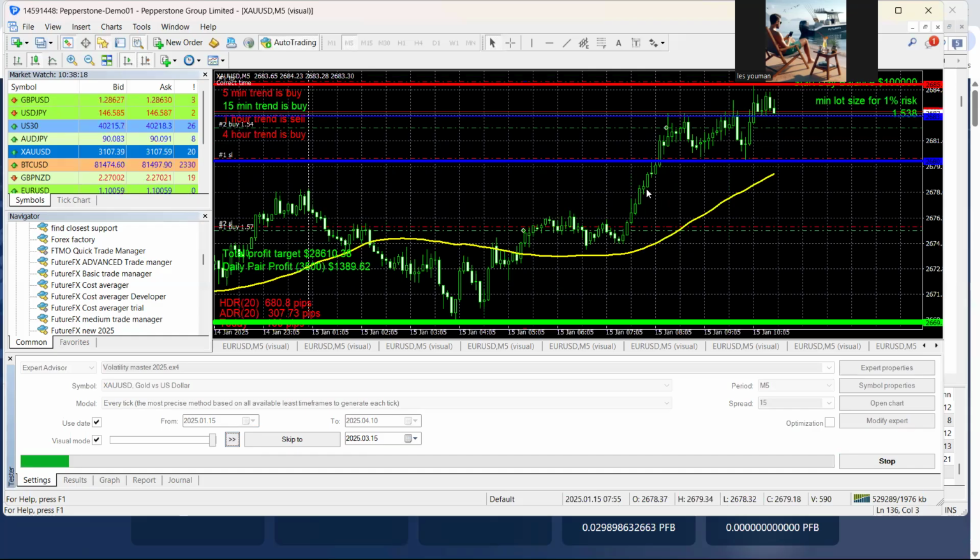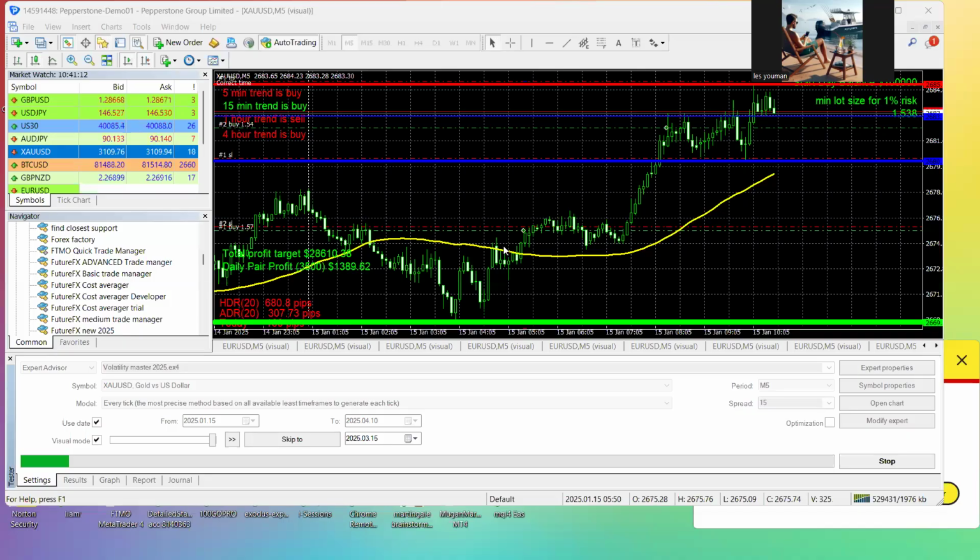I'm just going to leave it there and explain. What we're looking at here is it took out one trade. Once that trade had the profit lock activate and it was a no risk trade, then it was able to open up a second trade, et cetera, et cetera.